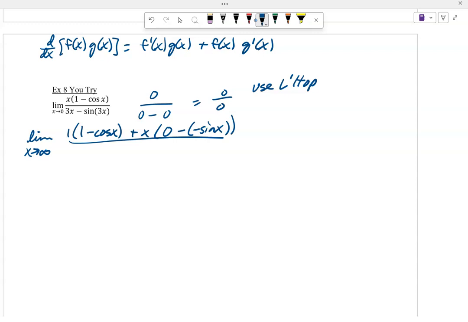On the bottom, I got 3 times 1 minus derivative of the sine is the cosine, and derivative of 3x is 3. And so we've got the limit as x goes to 0. Why did I write that? I'm sure I like my infinities, apparently. We got 1 minus cosine x plus x sine x.